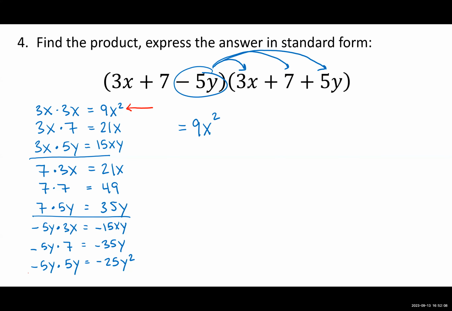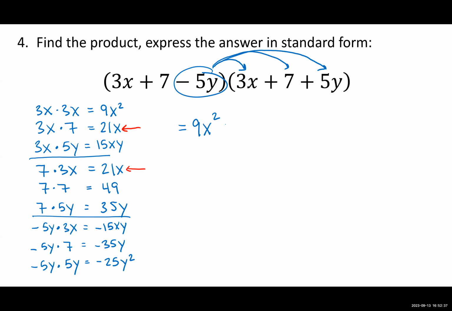Then if we look at any of these terms here that just have x to the first power. All right, so we've got a 21x. We've got another 21x. So 21x and 21x, if we combine those, they're both positive. So we add them. That's 42x.